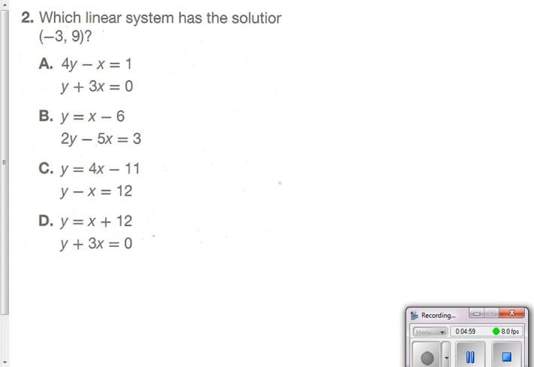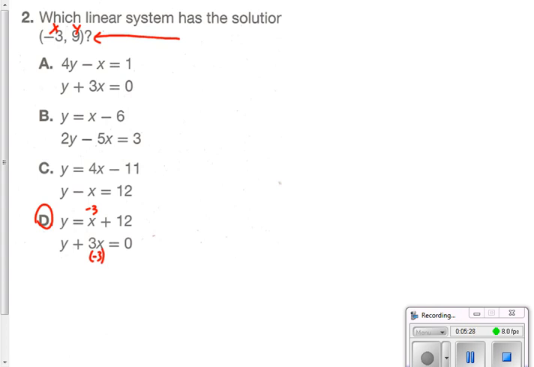Example 2 is very similar to Part B. Same thing, you need to plug this in. Which linear system has the solution (-3, 9)? Plug in -3 for x, put 9 in for y, and figure out which system it works for. I'll let you know that it is option D. When you put in -3 for x, we know that for y we're going to get out 9.